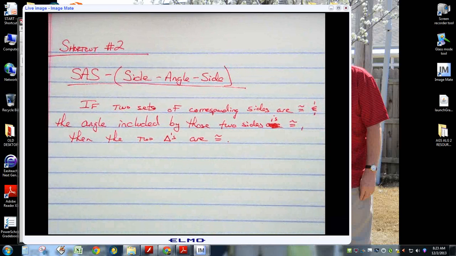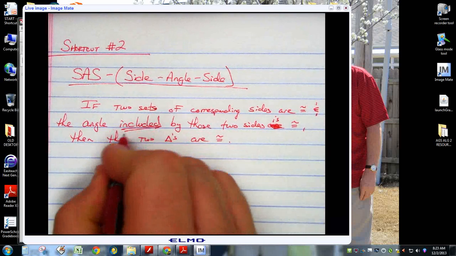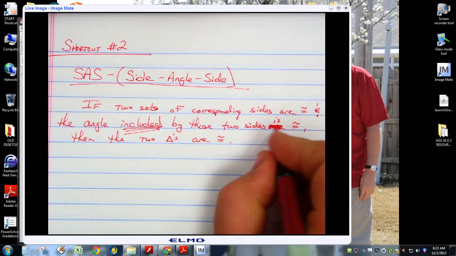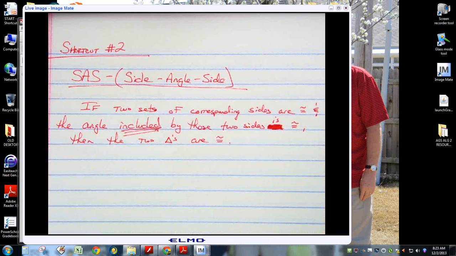People have a problem with this probably because of this word and because the definition itself is very wordy, but there's really no other way to write it properly.